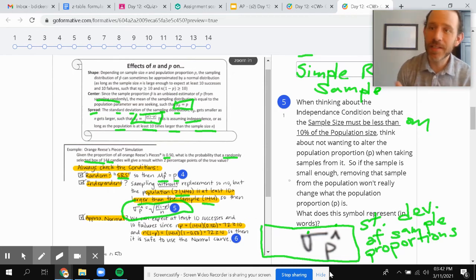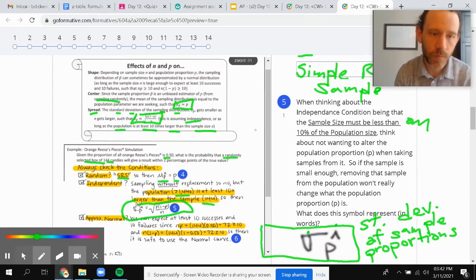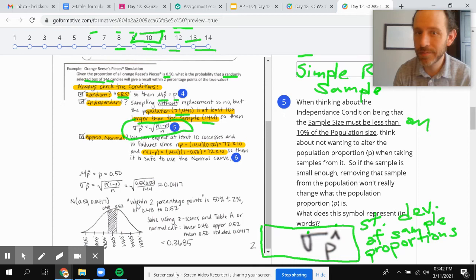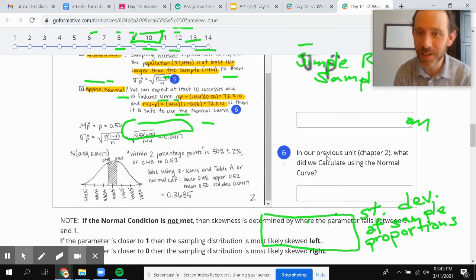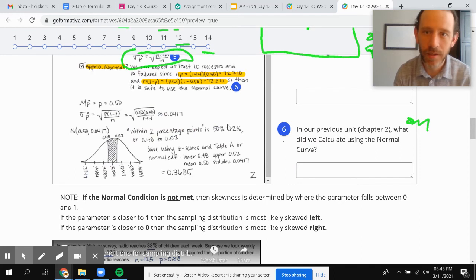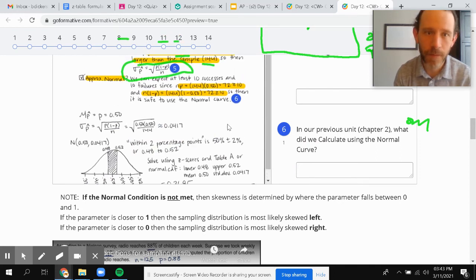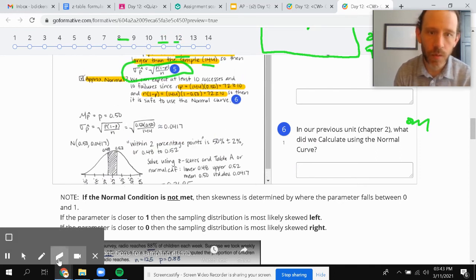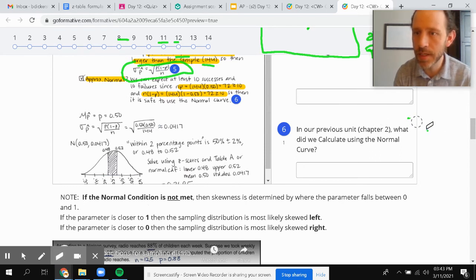Now let's go to the last condition, which is the shape. Why do I care about the shape? Well, if I know that the shape is normal, we can actually get percentages. I can look at a sampling distribution and get percentages from there. So when we do that, we have to have this check of np greater than or equal to 10 and n(1 minus p) greater than or equal to 10.